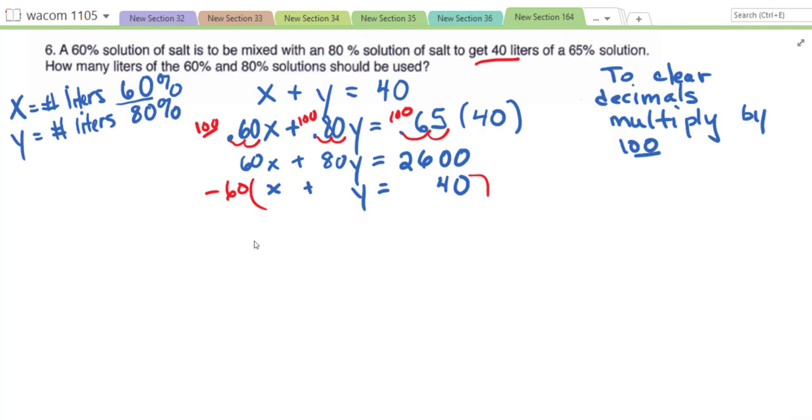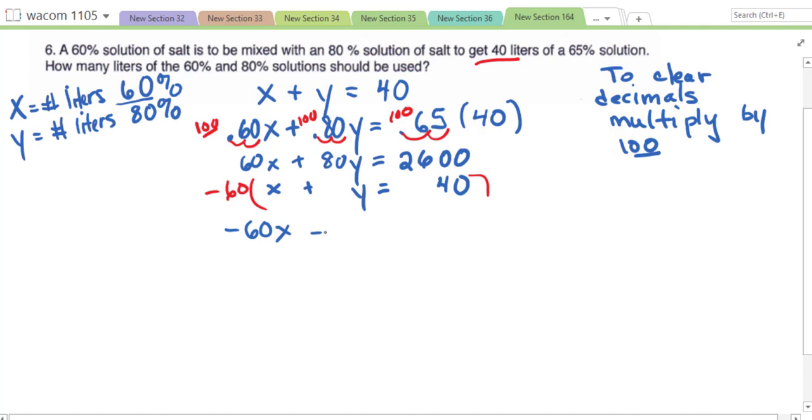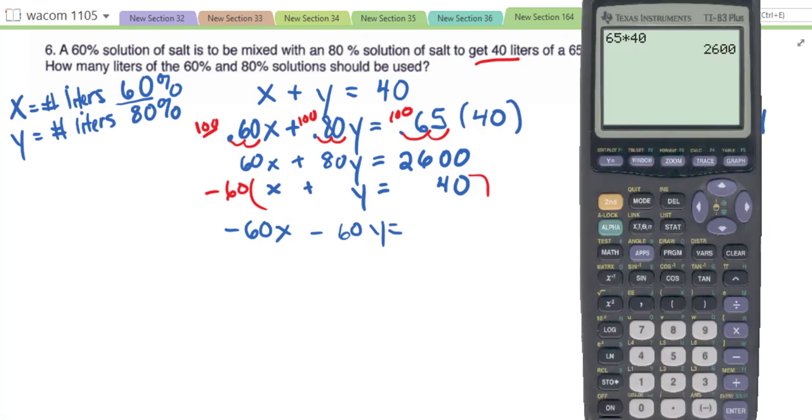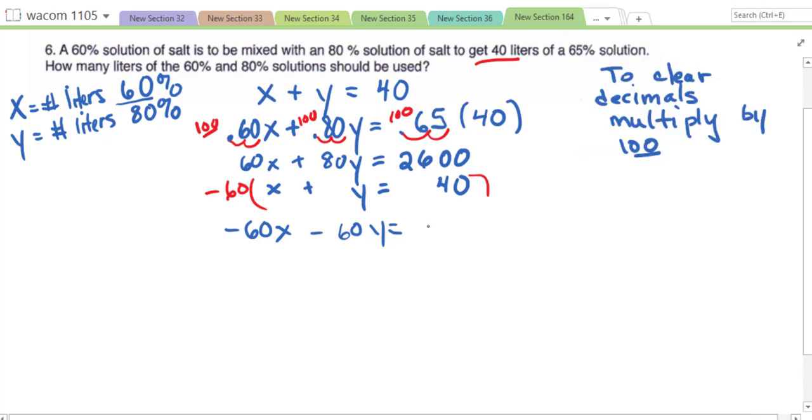But if we do, we get -60x minus 60y equals -60 times 40, which is -2400.